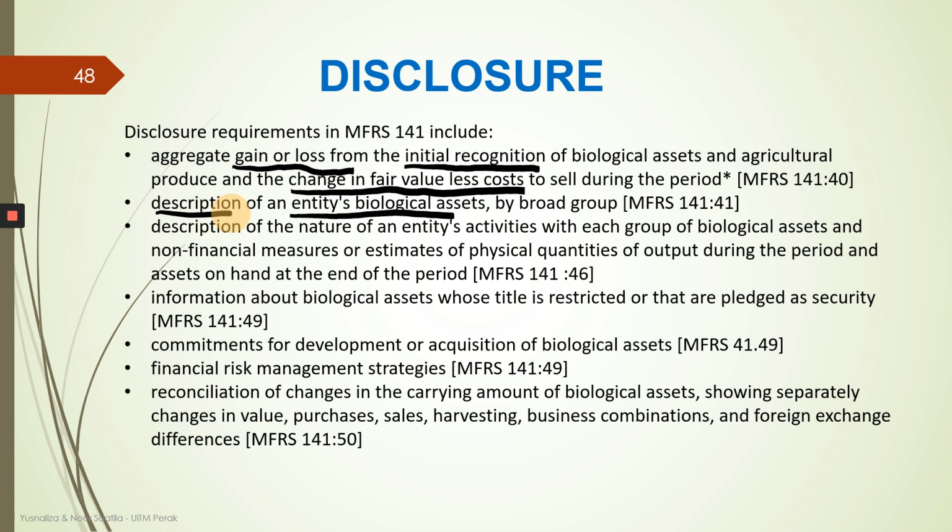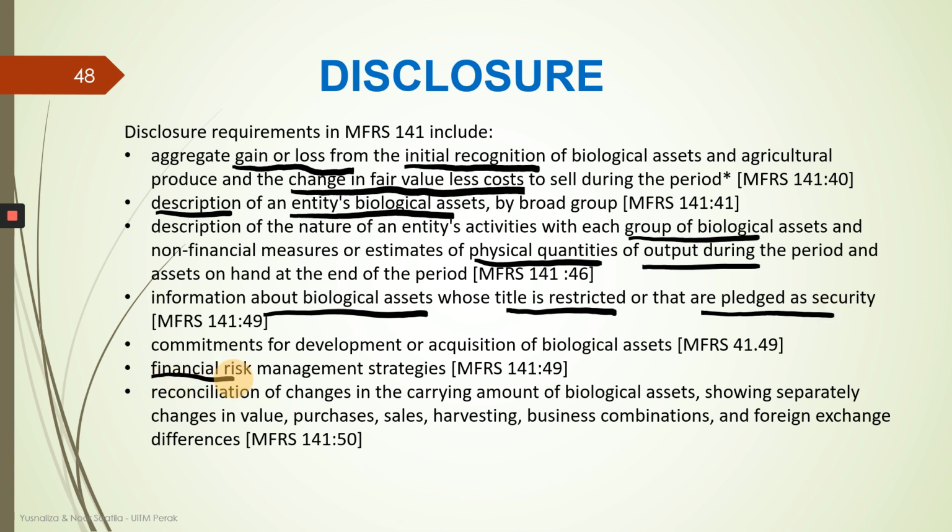What types of animal do you actually manage in your agricultural farm? And the group of biological asset, any estimation of physical quantities or output during the period, right? Information about biological asset, if you have title that is restricted or is pledged as a security. You can read this on your own, right?